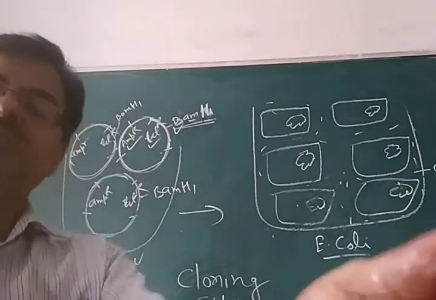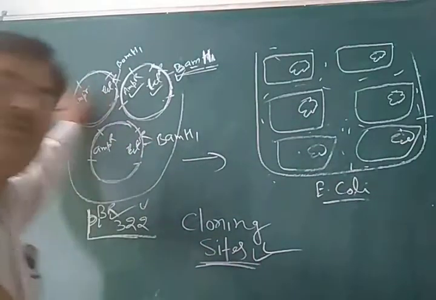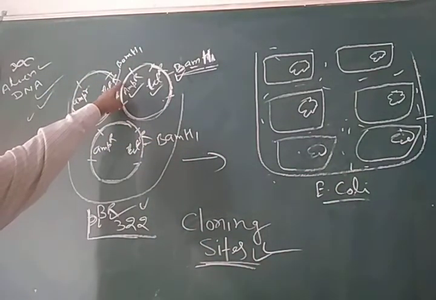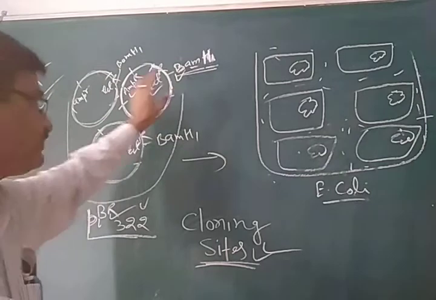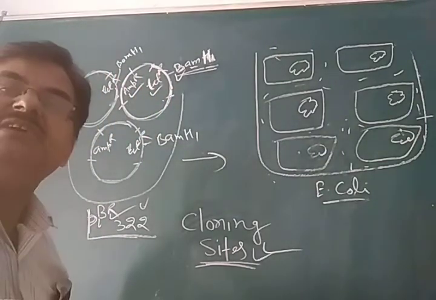We can ligate our foreign DNA either in the region of the ampicillin resistance gene or in the region of the tetracycline resistance gene. Anywhere we can ligate this alien piece of DNA.